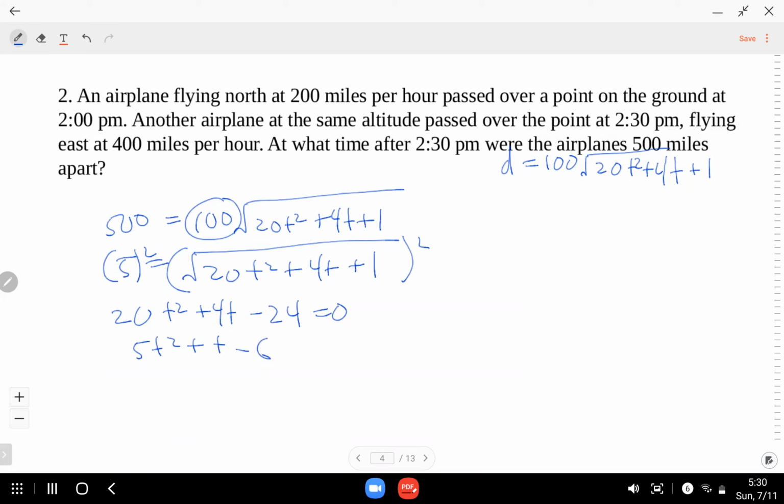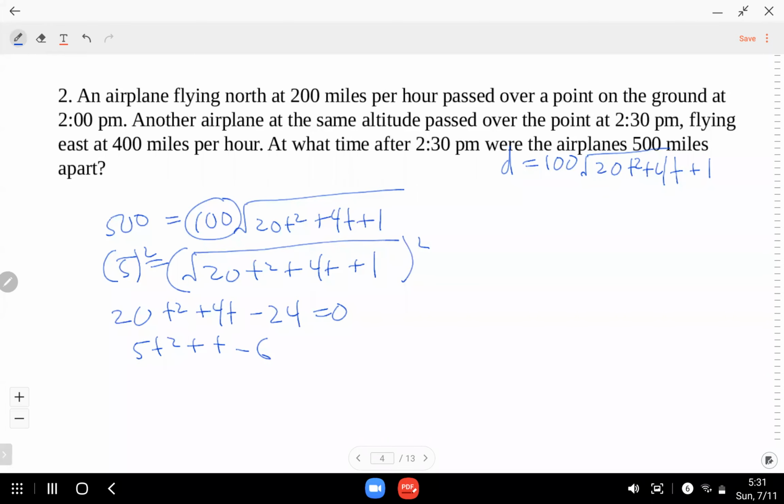So now what you need to do is factor by grouping, or we can do the quadratic formula. And since factor by grouping is a bit slow, let's do the quadratic formula.